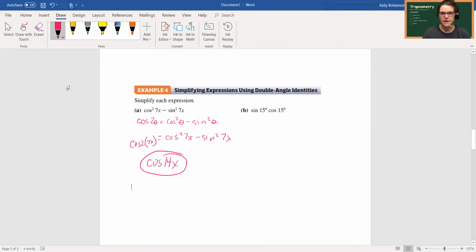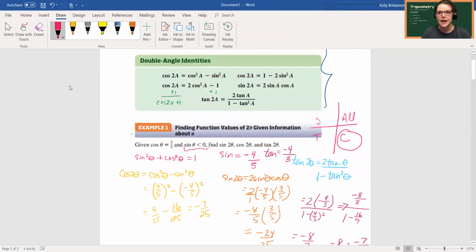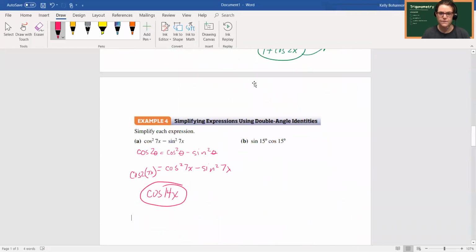And that is simplified because it is down to just one trig identity, and that's all we were going to do is simplify. So in this case, sine theta. Okay, this one sort of looks like, I am going to scroll up and look at this one. It almost looks like this identity right here, 2 sine a cosine a, but not quite. So let me write that down real quick.